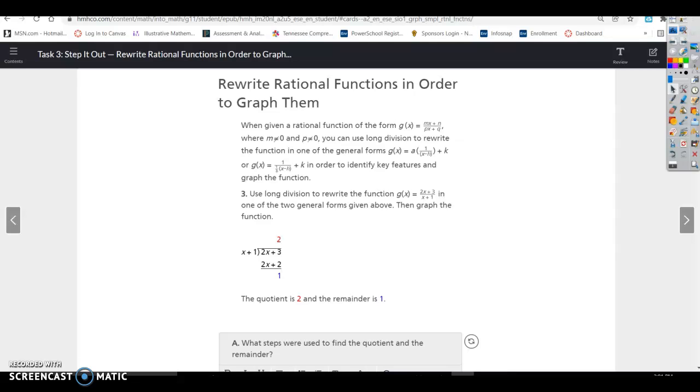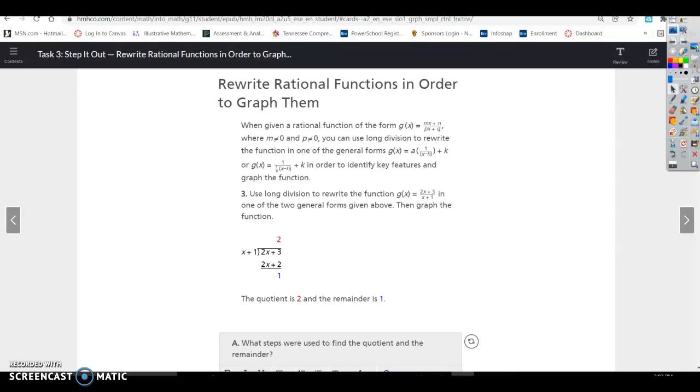When given a rational function of the form g of x equals mx plus n divided by px plus q, where m is not equal to 0 and p is not equal to 0, you can use long division to rewrite the function in one of the general forms g of x equals a times 1 over x minus h plus k, or g of x equals 1 over b times x minus h all plus k, in order to identify key features of the graph, and graph the function.